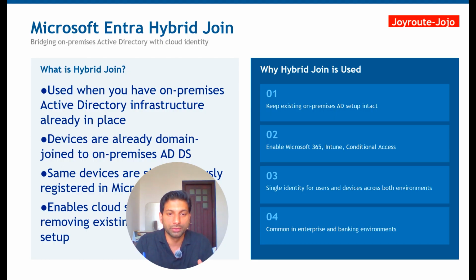If you do not have Entra Hybrid Join, there will be a separate account in the cloud, and on-premise you will be using a separate account. If you require a single identity, you have to join your device as Entra Hybrid Join. This scenario is very common in enterprise and banking environments.